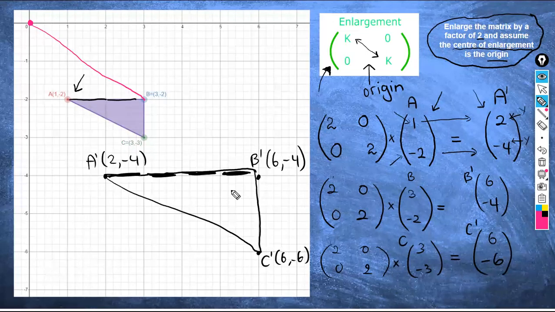Or what do you all think? If I use the drawing method, I will, right? For the drawing method, if I connect it from the origin to point B, let's just say that this line is 8 centimeters. I don't have a ruler here. How many more times would I have to extend it by? Do I have to do 1 more 8 centimeters or 2 more 8 centimeters? 1 more, right? Because the enlargement factor is 2.